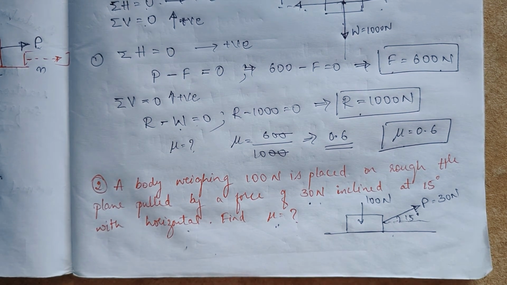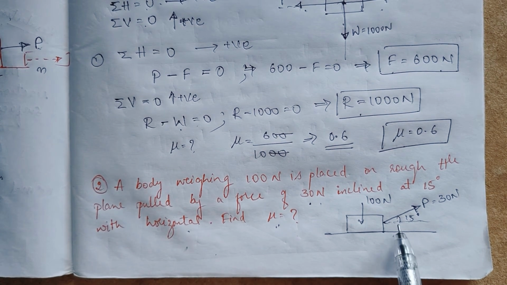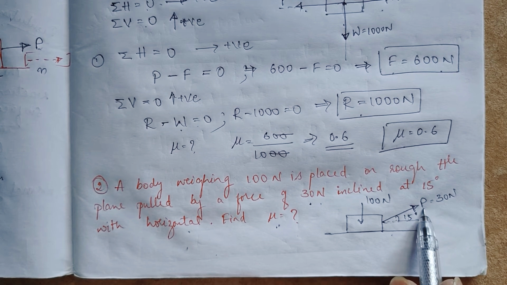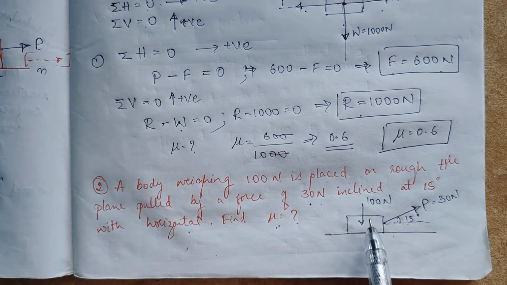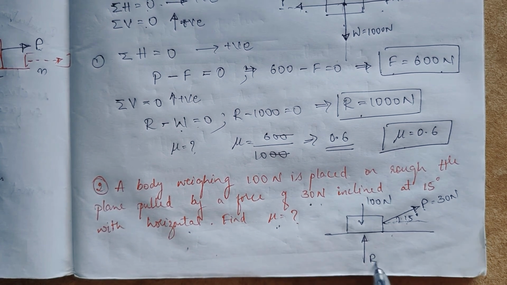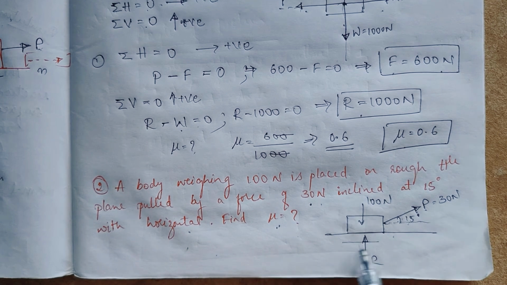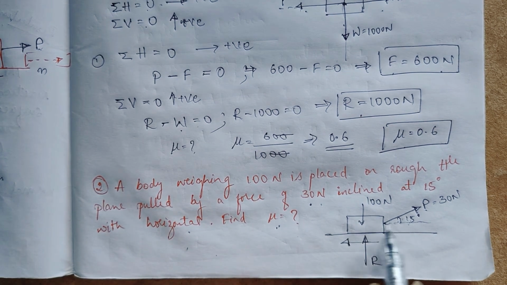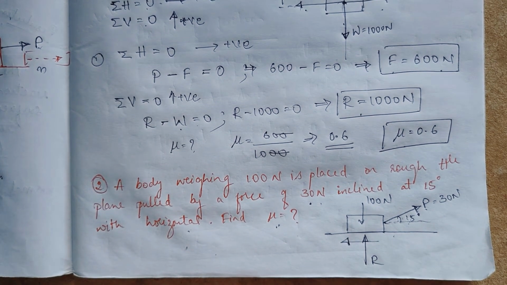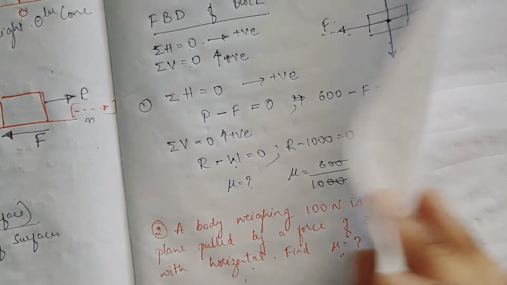Okay, so this is the diagram. In the next page I'll write directly the free body diagram. So due to this P force, which is inclined at 15 degree, and this is the weight 100, we'll have a reaction R. Then we'll have a frictional force opposite to the force P. I'll write the free body diagram.